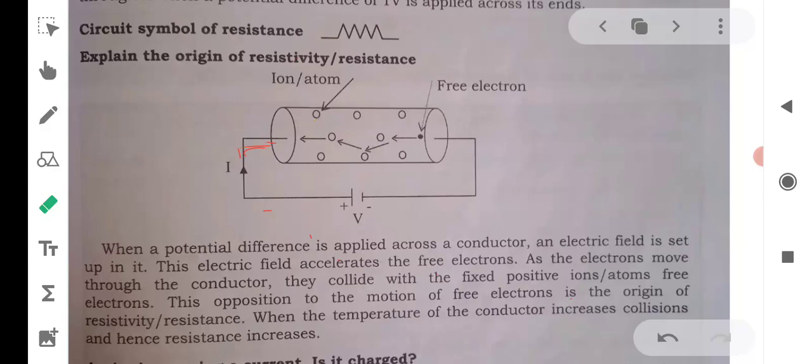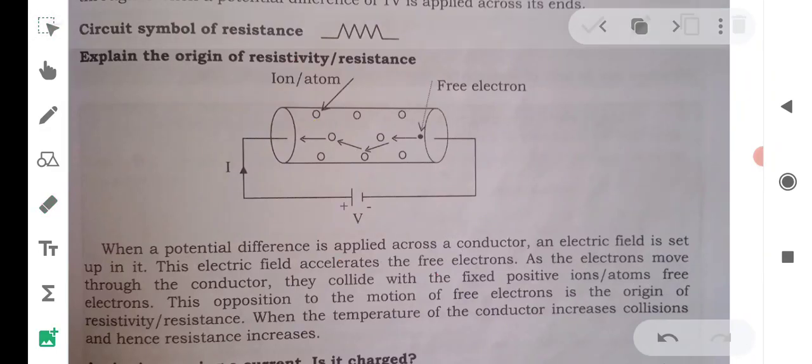And the main thing is, when the free electrons move through the conductor, they collide with the fixed positive ions or atoms. This opposition to the movement of free electrons is the origin of resistance.